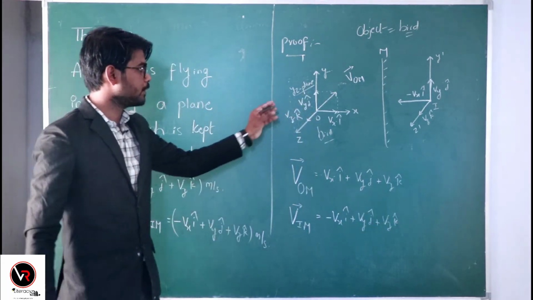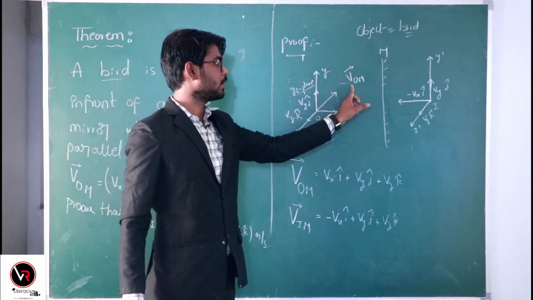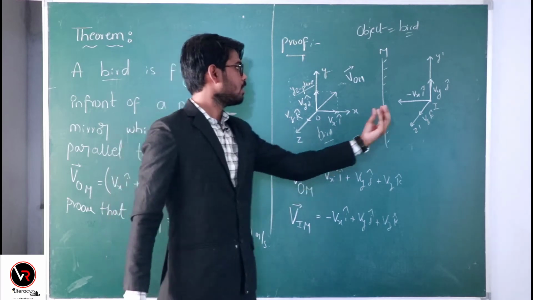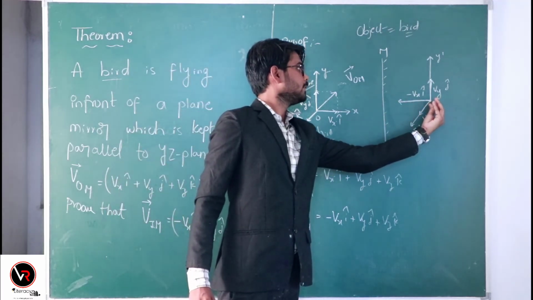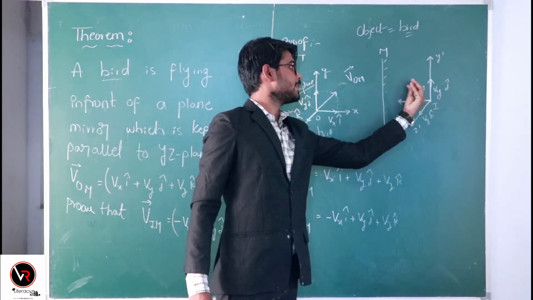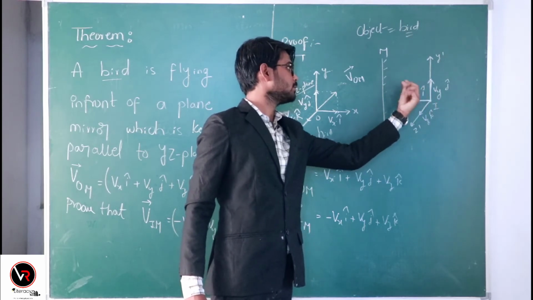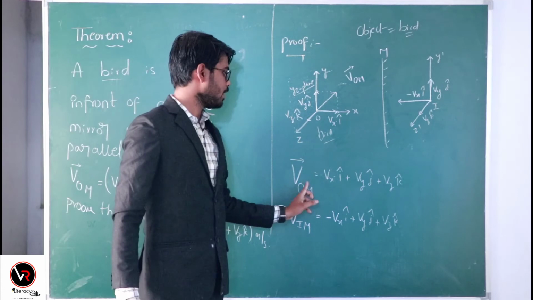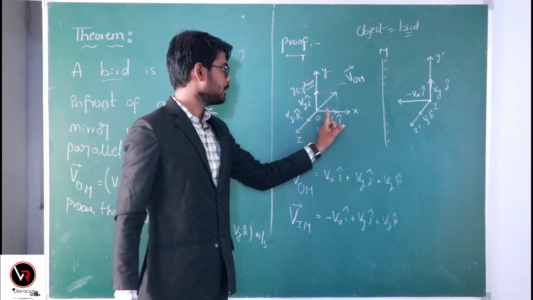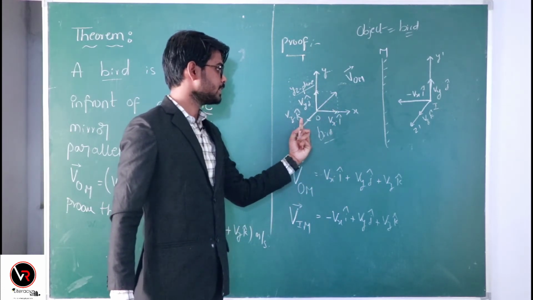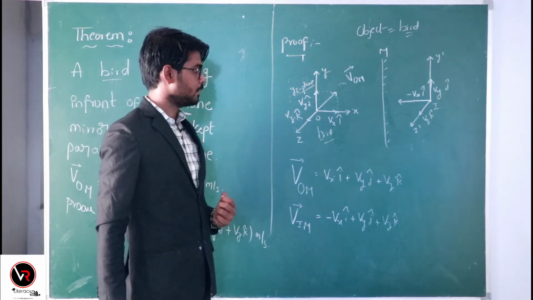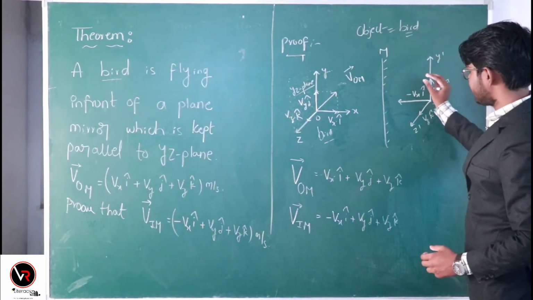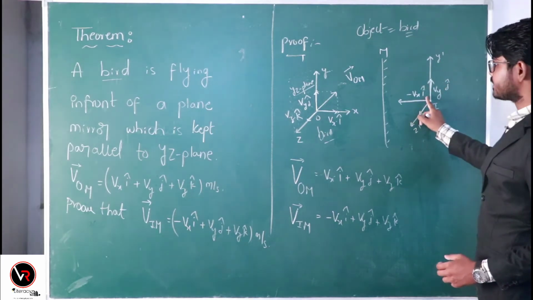If the bird moves in this direction with velocity v bar, the image of the bird also moves in this direction towards the mirror. The bird has the velocity v bar equal to Vx i cap plus Vy j cap plus Vz k cap. The velocity of the image of the bird is minus Vx i cap.